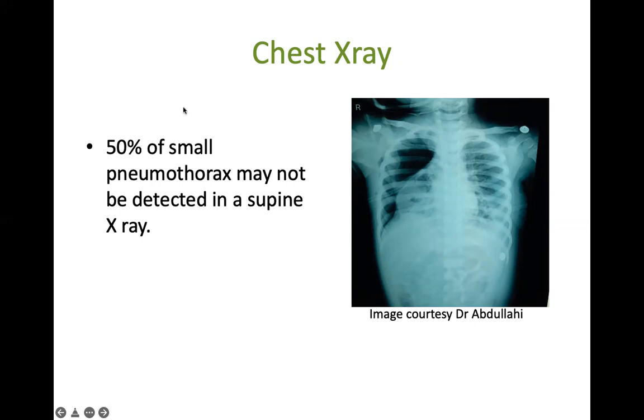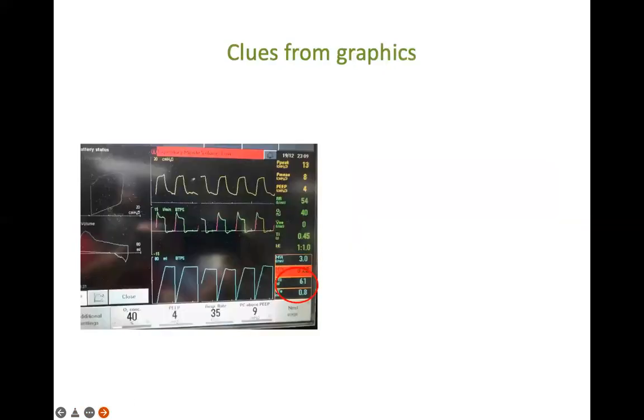And similarly, when you're putting a needle in the second intercostal space, even when you have a good pneumothorax, sometimes you may not get a bubble coming out, especially when you have bad lungs and adhesions in the pleural space. That can happen. So taking an X-ray is mandatory for every child with a rapid deterioration.